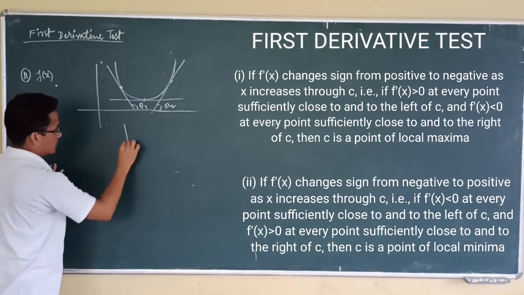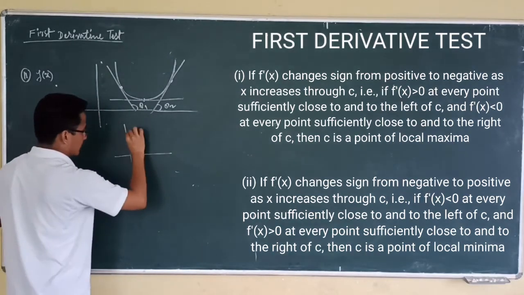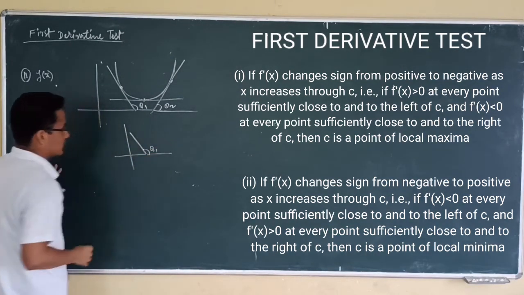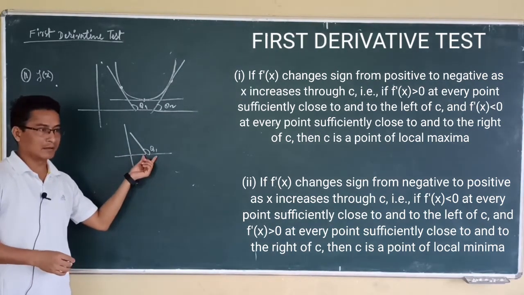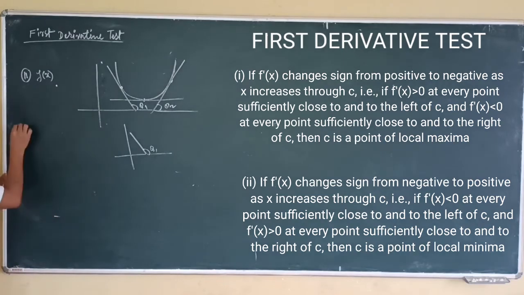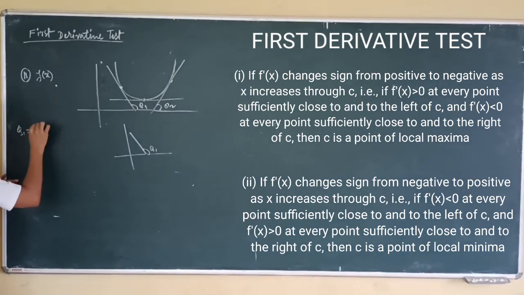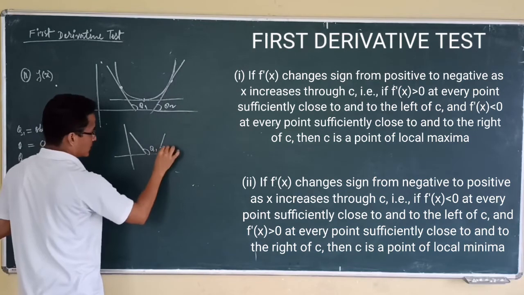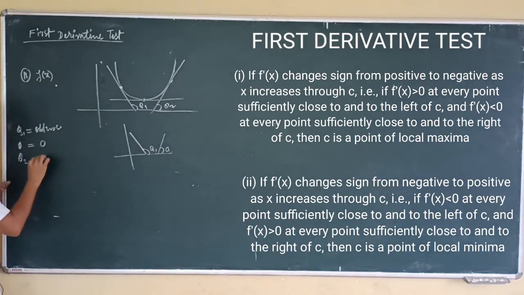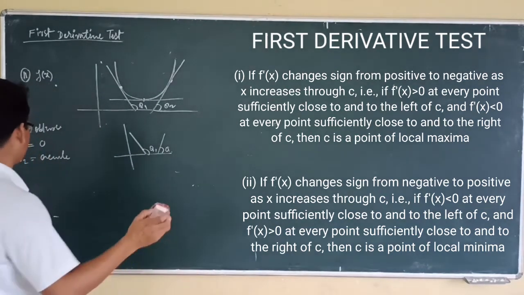For the first angle, this is theta 1. Now you see this diagram. What does it look like? Theta 1 is obtuse, and theta equal to 0 at the critical point, and theta 2 is acute. If we draw in this way, that is an acute angle.